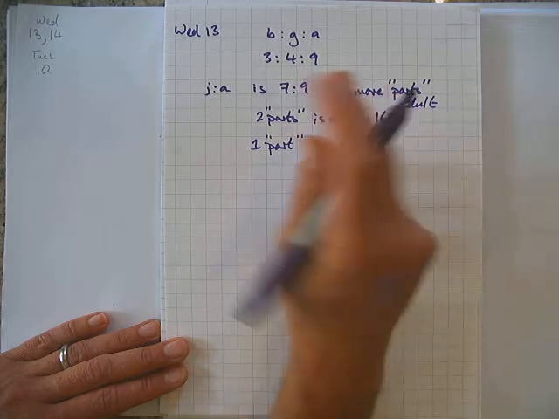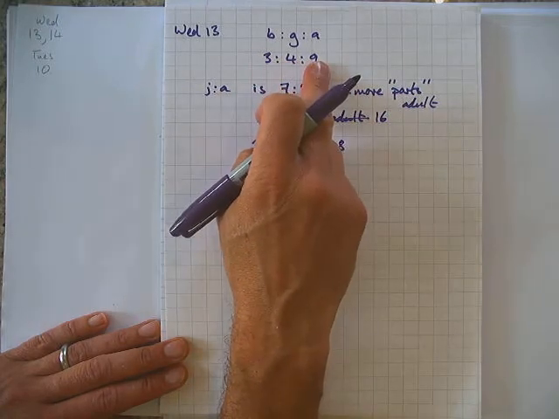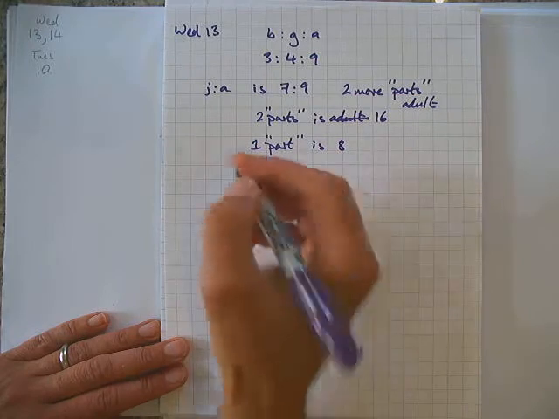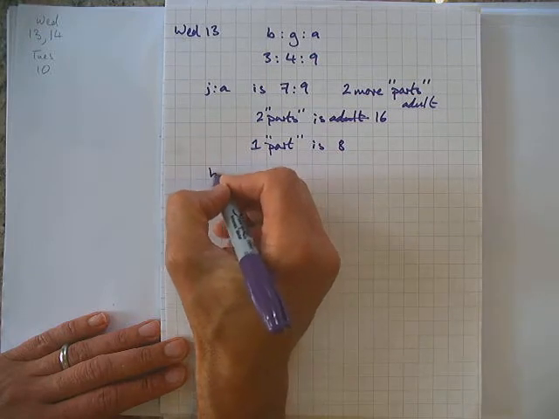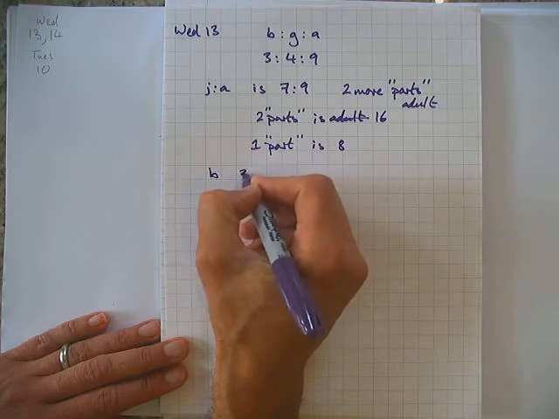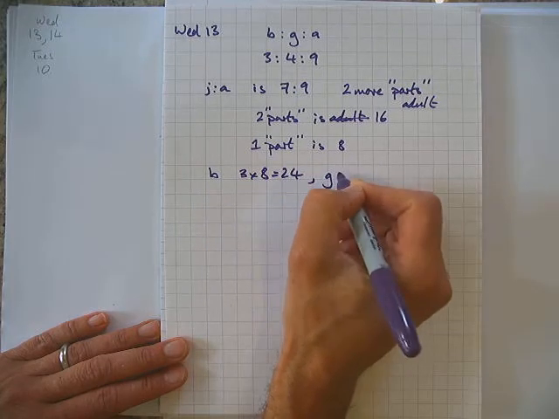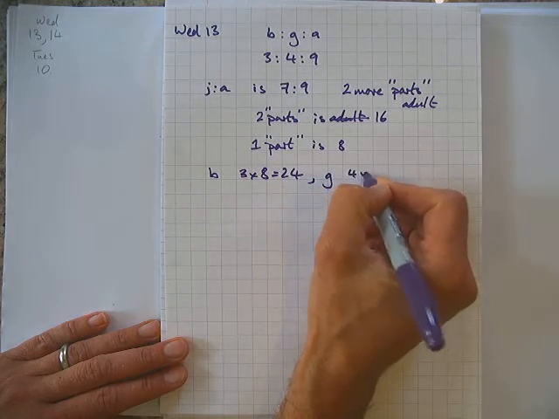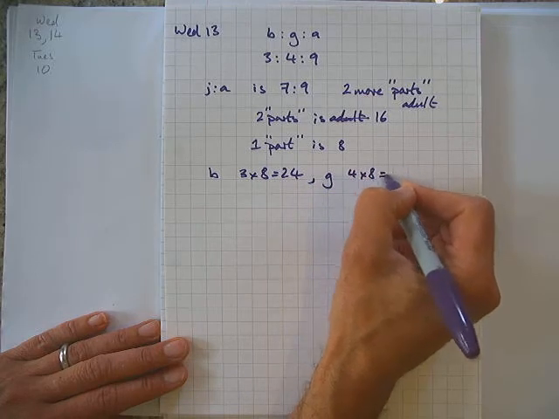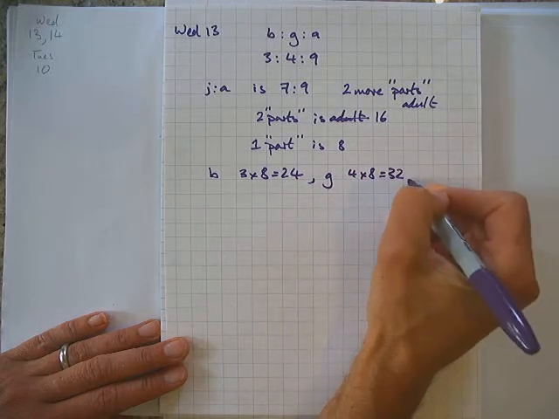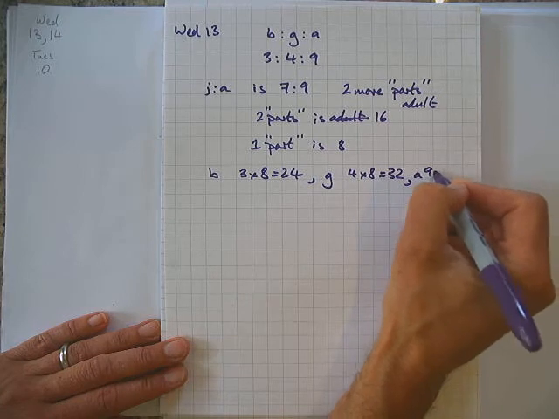So it's 3 parts, 4 parts, 9 parts. So boys is 3 times 8, girls 4 times 8, adults 9 times 8.